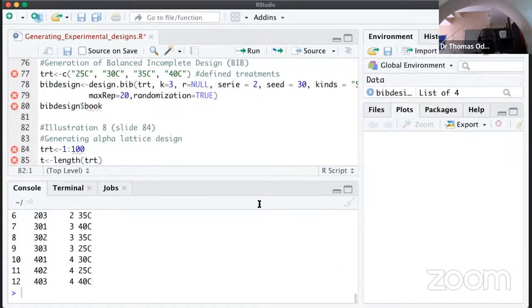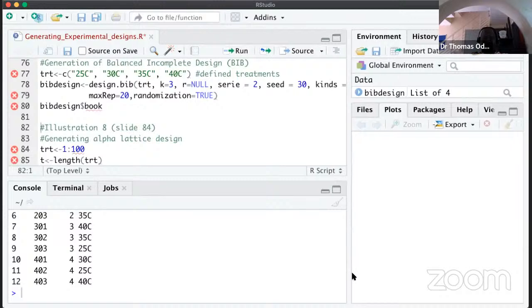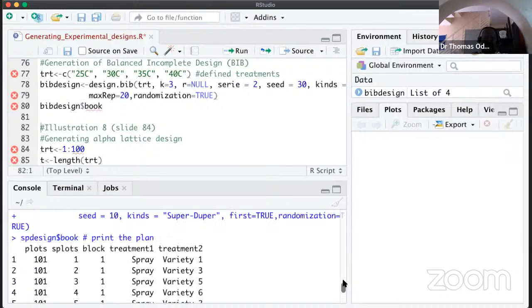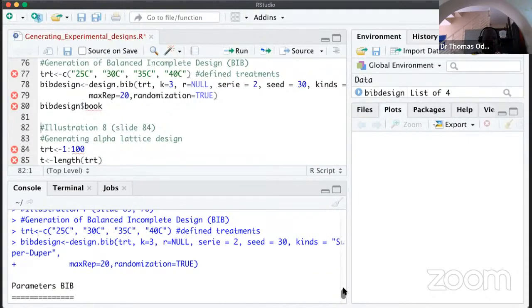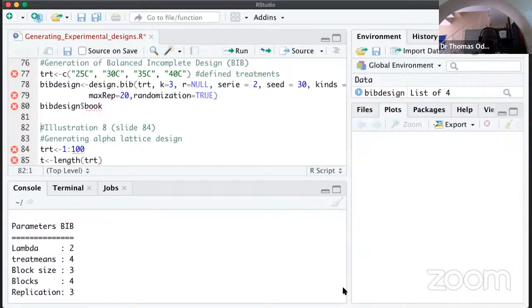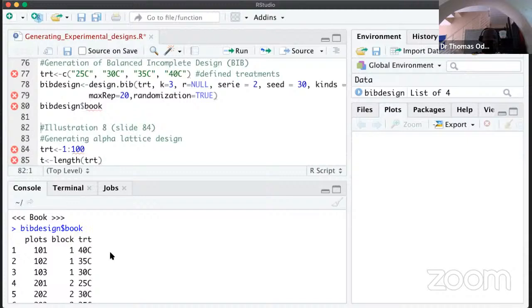I can extract what is in the book. Okay, so here it gives you even the different parameters. These are the parameters of the BIB: lambda equals 2, treatments 4, block size 3, blocks 4, and replication 3. And then it tells you where to assign which treatment in which block.